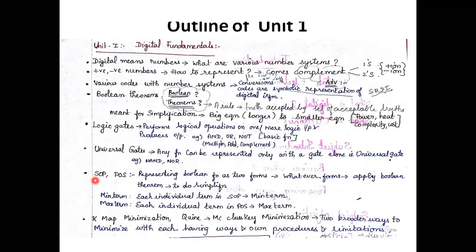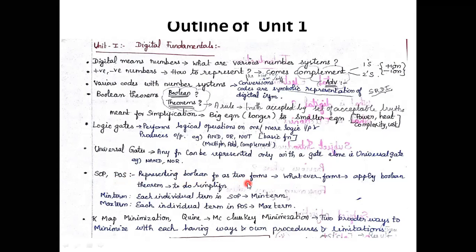Now come on to product of sums. Think of product of sums, which means that we will have sum term 1, sum term 2, sum term 3, up to sum term n. In between them, we will have the product operation or multiplication operation.